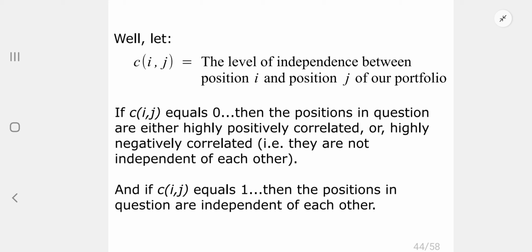If C_ij equals 0, then the positions in question are either highly positively correlated or highly negatively correlated, i.e. they are not independent of each other. And if C_ij equals 1, then the positions in question are independent of each other.